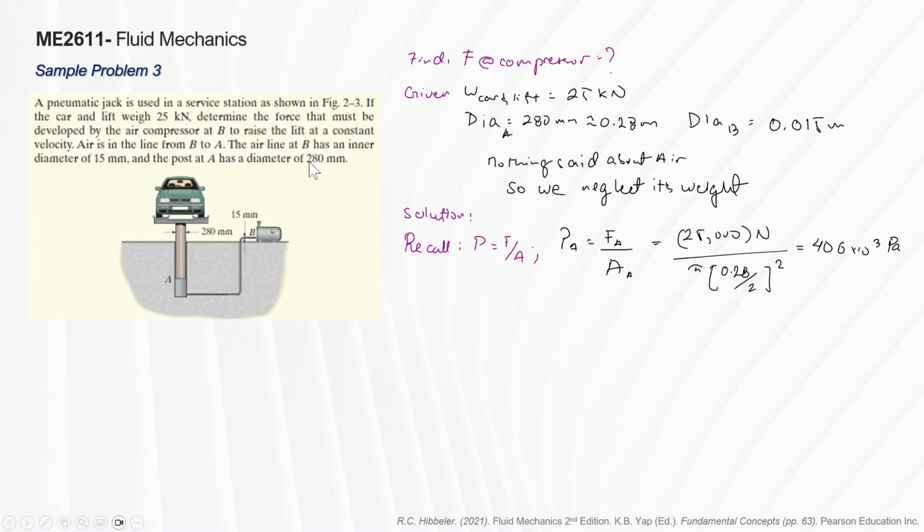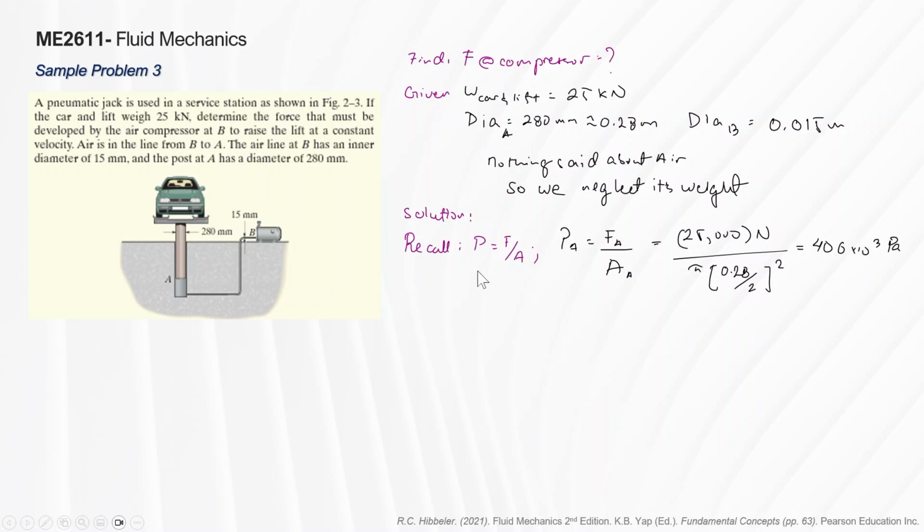And we already know the area, since we have the diameter. You can go straight with pi over 4 times 0.28 squared. So that's about 406 times 10 to the third power pascals.